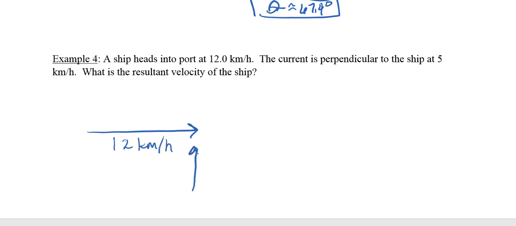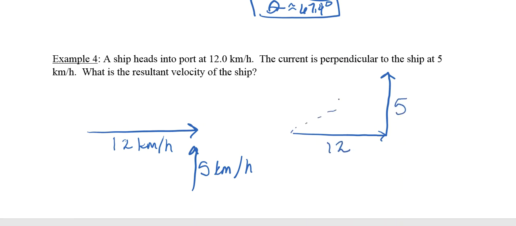The other one is perpendicular to it at 5 kilometers per hour. So since it's perpendicular, I'm going to go ahead and do a head to tail. So here's my 12, here's my 5, and it wants to know what is the resultant velocity. So I'm not worried about direction right now when it's just talking about velocity. I'm just worried about magnitude.